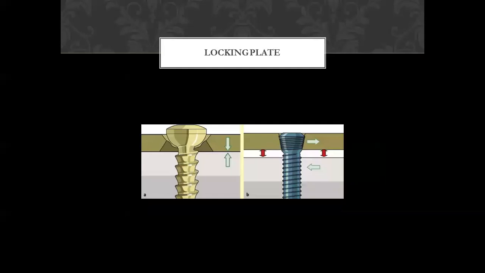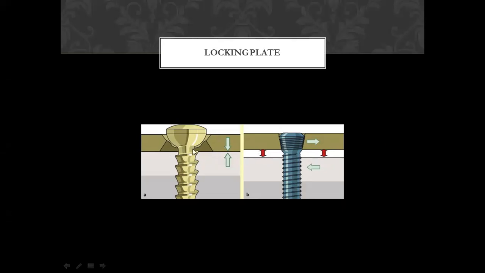These are the recent advances in rigid fixations: the locking plate, where one of the advantages is that the screw will get locked with the plate itself. So just see this. This is a normal plate with normal screws, and this is a locking plate. In a locking plate, you can appreciate there is a space between the plate and the bone. So the plate will not compress the bone, and the vascularity will be maintained.